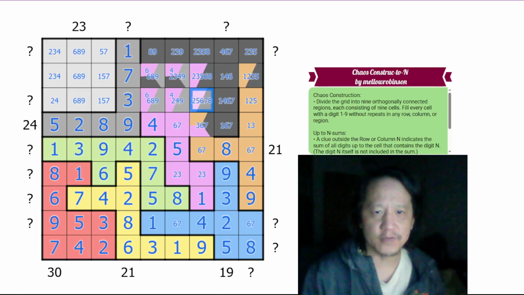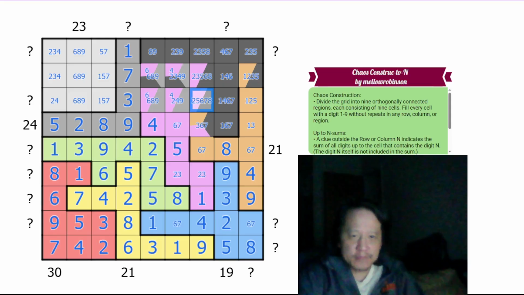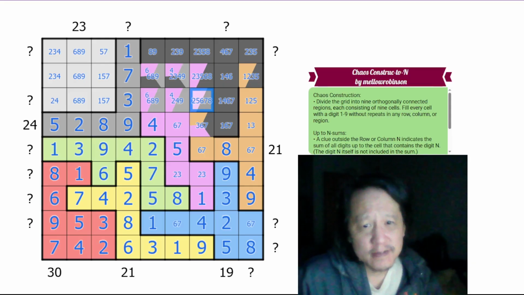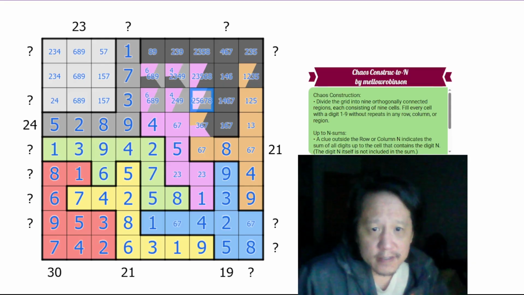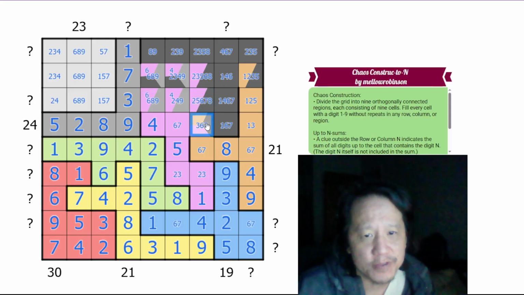This can't be 7, this can't be 3. Okay, that seems fine. Okay, if this were orange, it would be 3, because it can't be 6 or 7.